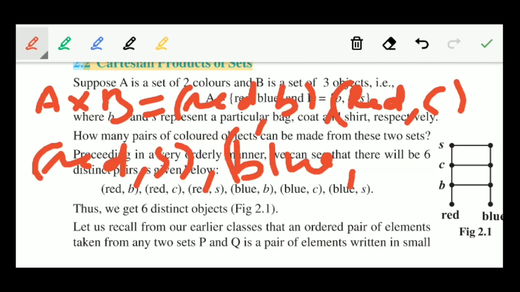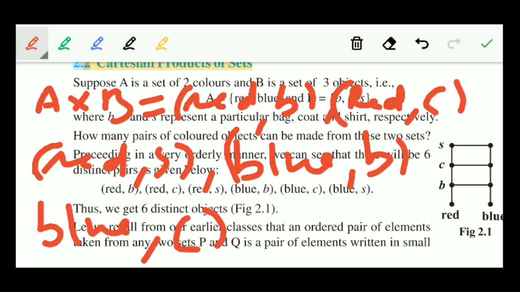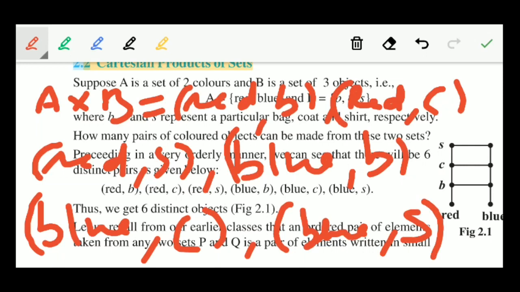Blue is placed with the first element of set B, that is B, with the second element, C, and with the last element of set B, that is S. So this is known as the Cartesian product of sets A and B.